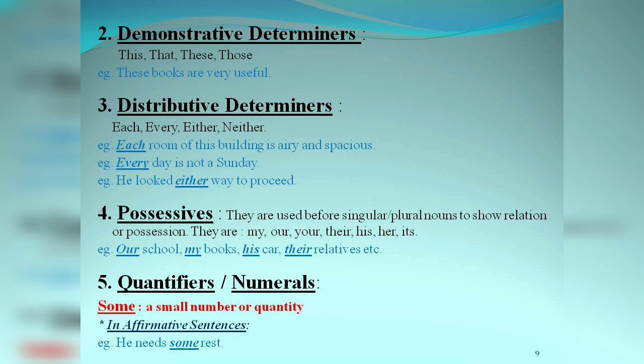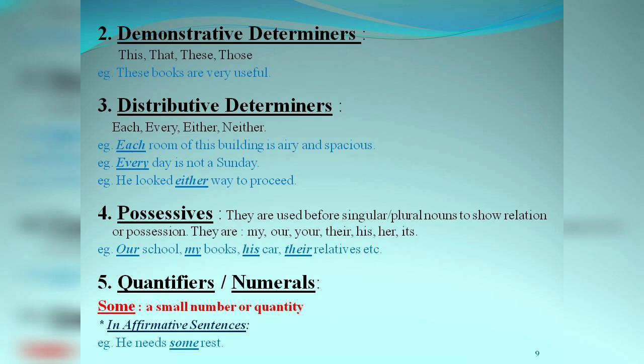And when we are talking in a common way and the number of subjects is not definite, then we use every. Either means one out of the two, or both also. Neither means not any of the two.